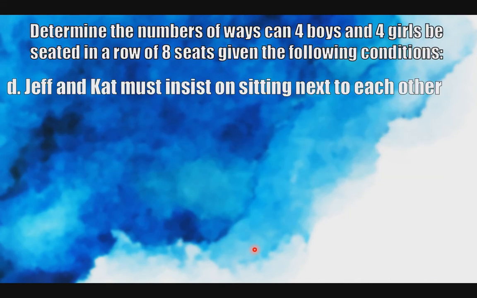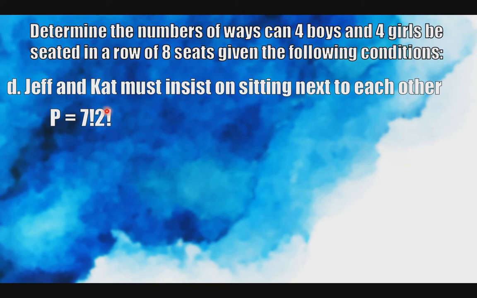Now, Jeff and Kat must insist on sitting next to each other. So, gusto ni Jeff and Kat magkatabi sila. So, counted as 1 sila. So, kung meron tayo 8, ang originally 8 seats meron tayo, magiging 7 na lang kasi counted as 1 si Jeff and Kat. Pero si Jeff and Kat, pwede silang i-arrange in different ways.